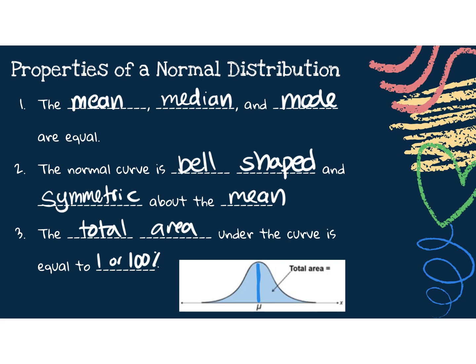Symmetric about the mean just means that it's symmetric through that middle point, and everything on both sides is approximately the same. The total area under the curve is equal to 1 or 100%, so we write our answers in either decimal or percent forms.